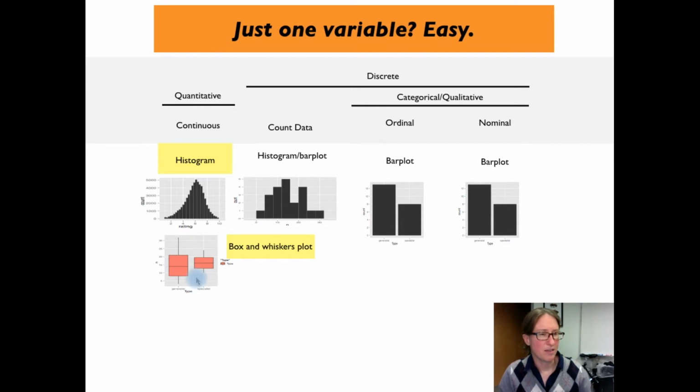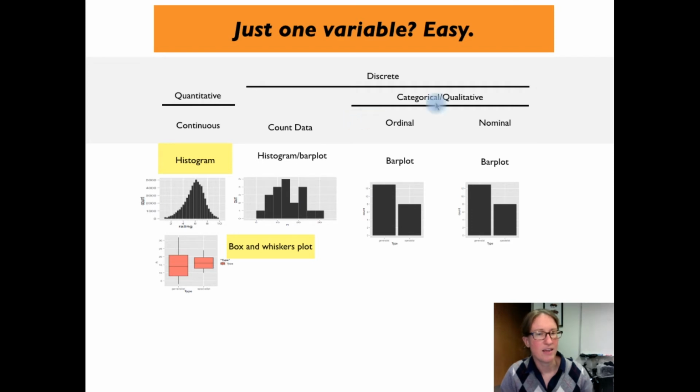If that variable is discrete, then it's going to depend on whether it is some kind of count, or whether it's something that is categorical or qualitative. So if it is count data, then that may be something that can be portrayed also with a histogram or a bar plot.